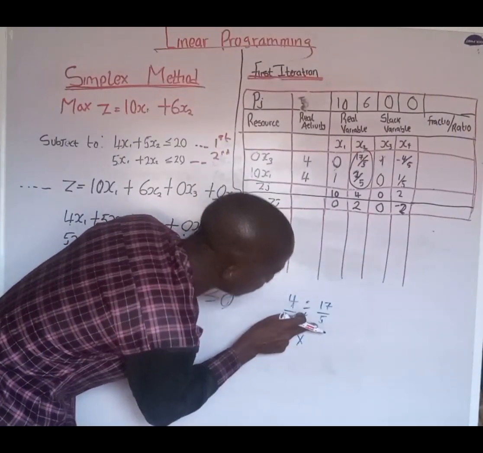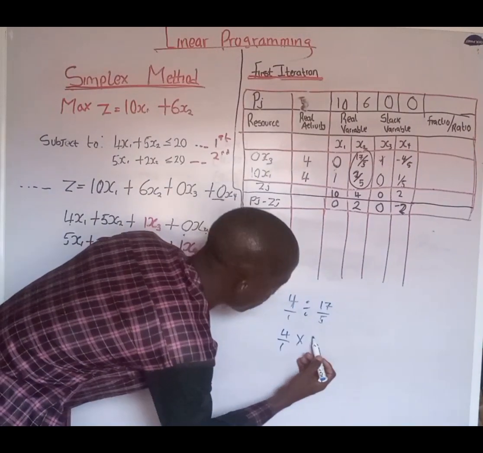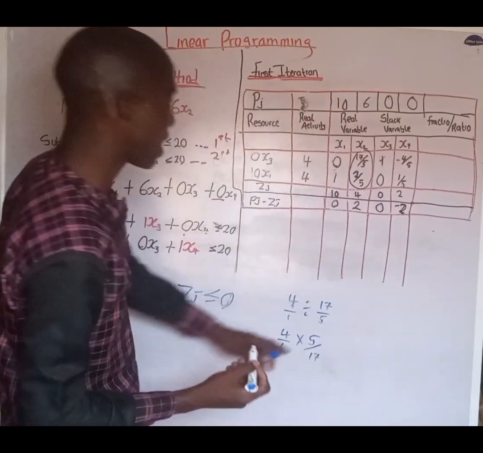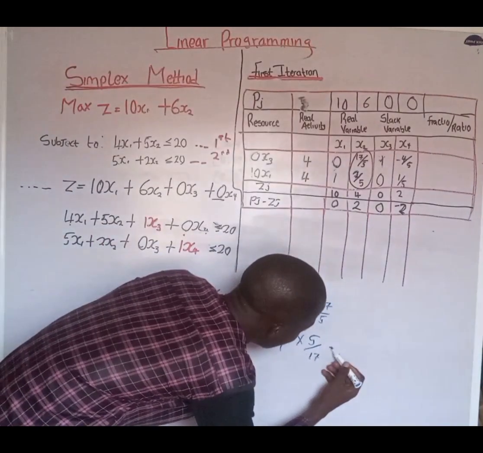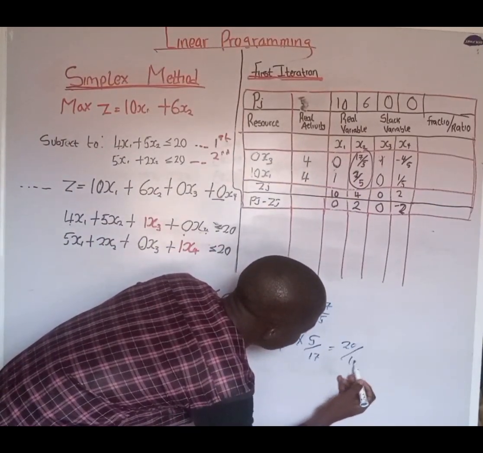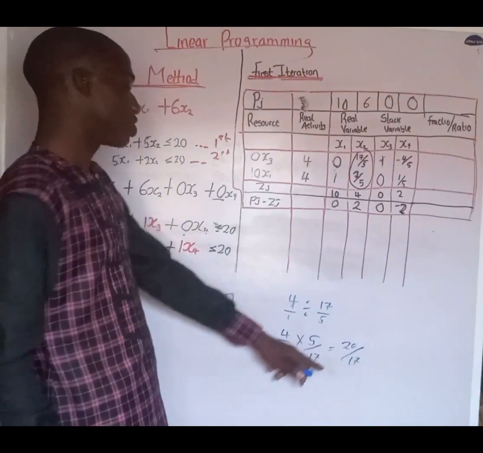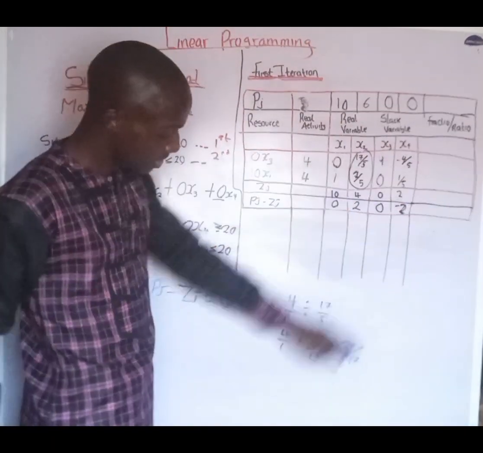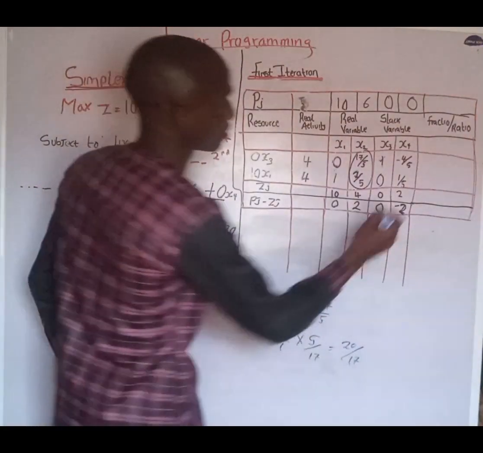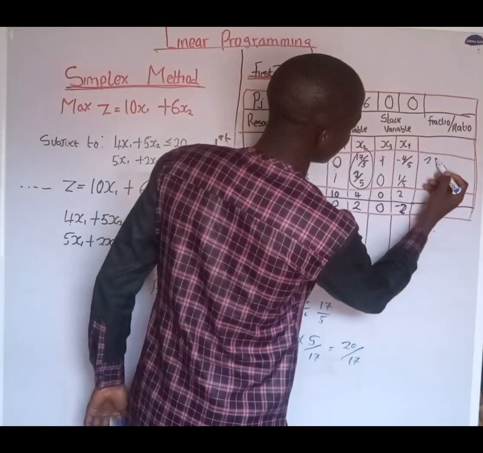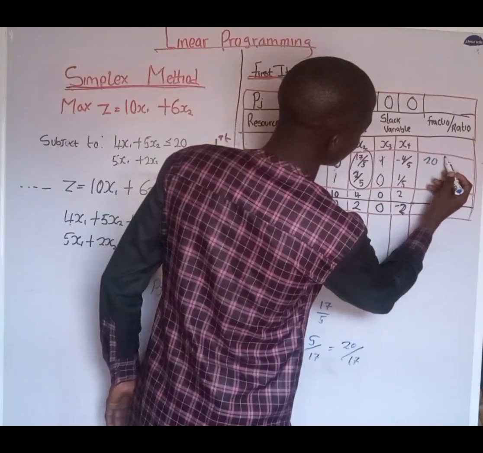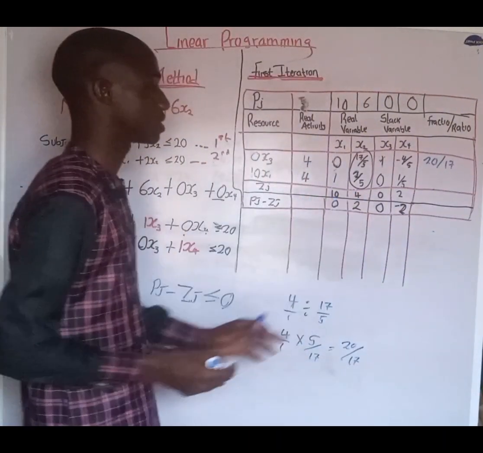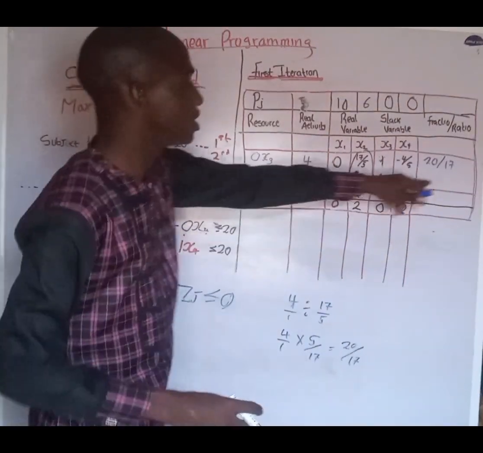So the denominator will come to the numerator, and I will have 5/17. So 4 times 5 is 20. So I'm going to have 20/17. So the value of this fraction in this place is 20/17. So I've already gotten the ratio of this.